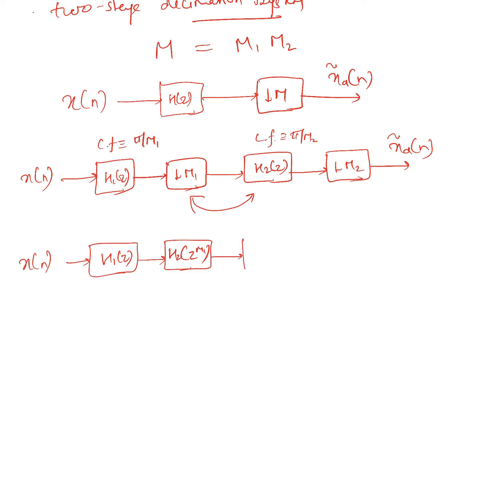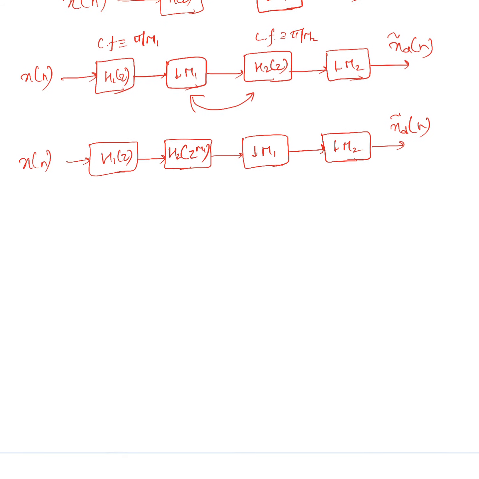Then it is passed to the downsampler M1 and to the downsampler M2 to finally get this x tilde of n. Because we had seen that interchanging the position of the filtering and the downsampler, the frequency response of the filter would change, but the input-output signals won't change.